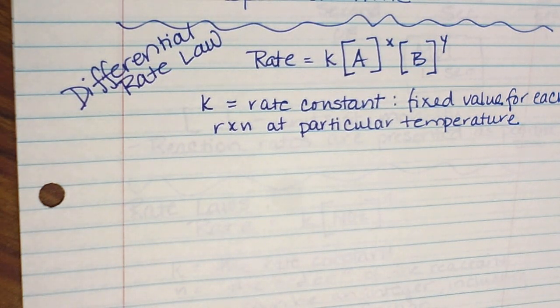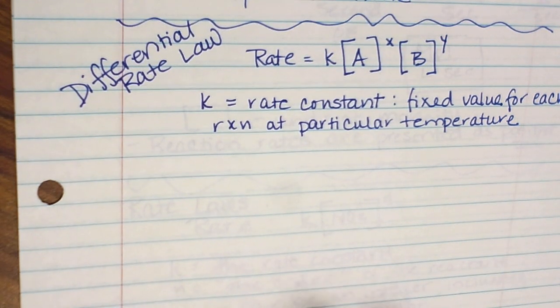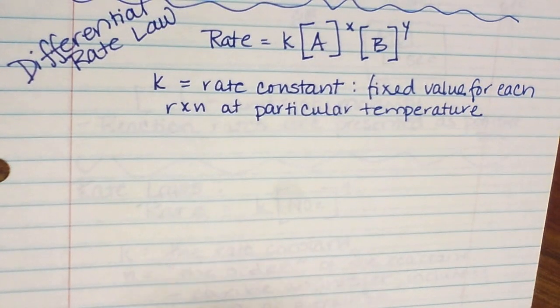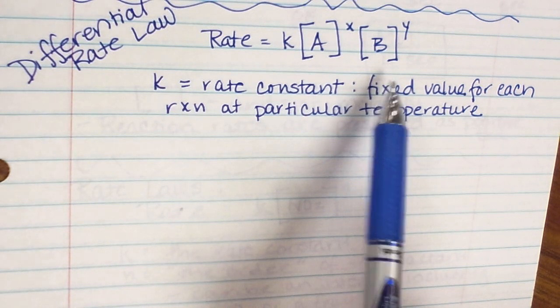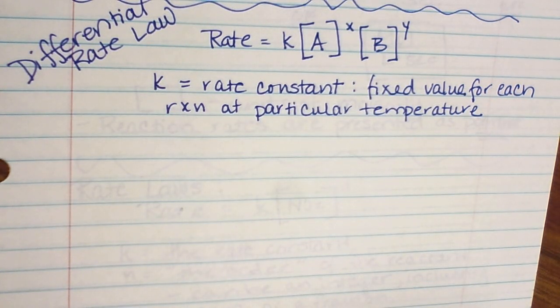So most of the stuff that you're going to receive is going to say at 25 degrees Celsius, and then it's going to give you the K. So since this K is for a very specific reaction at a very specific temperature, they have to give you all the information that you need. That doesn't mean they're going to give you X and Y or A and B, but they have to give you enough so that you can solve for everything, all right?